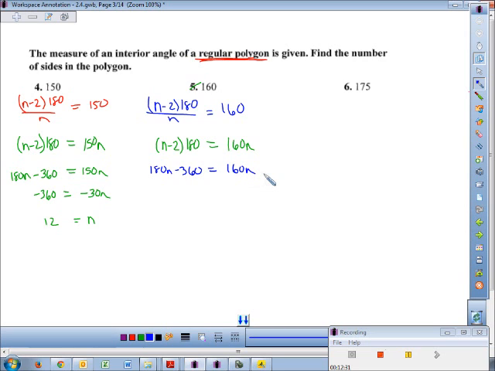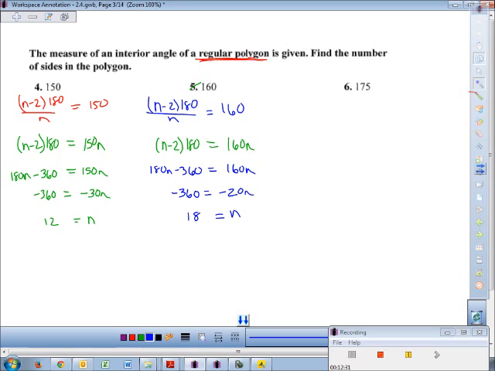Correct. Then we got to subtract 180n over, right? So we'll be left with negative 360. What's 160n take away 180n? Negative 20n. And again, we'll have a negative divided by negative, so that'll come out positive. 360 divided by 20. 18.